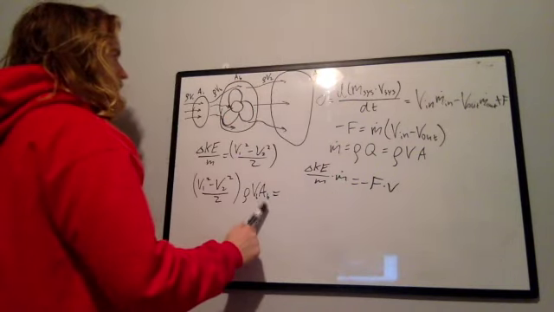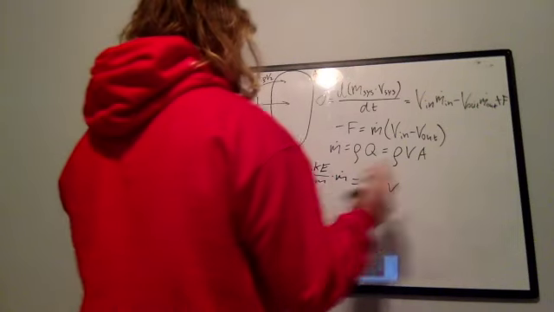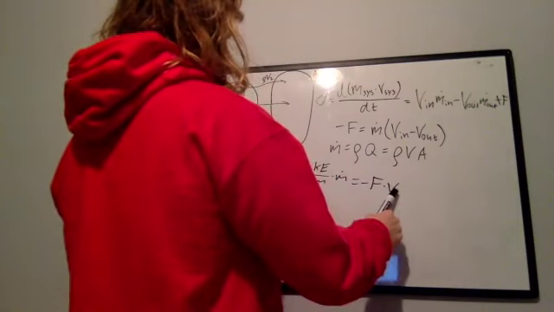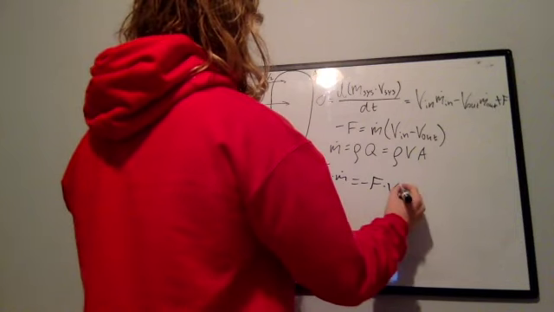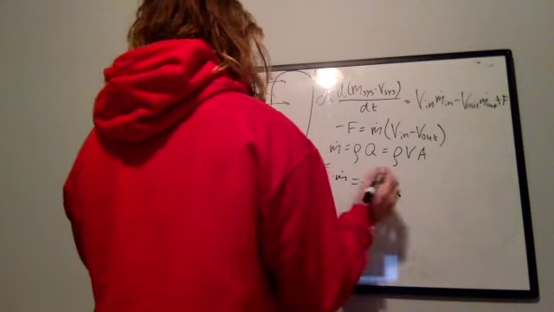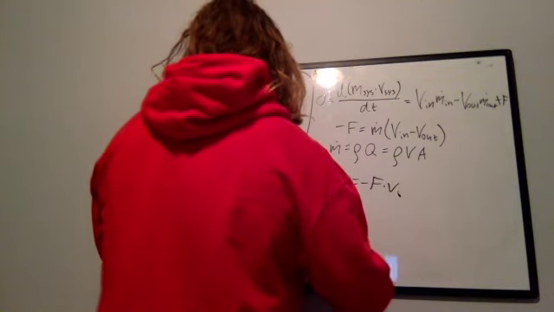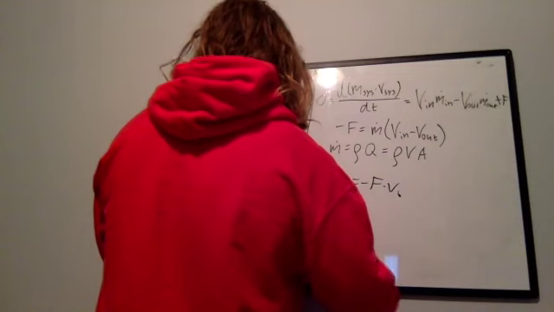And then this is also going to be at the area of the blade and the velocity at the blade. And then this is going to be the velocity of the blade too. So this is going to become VB squared right here. So this will be rho VB squared AB. This is going to work out nicely.